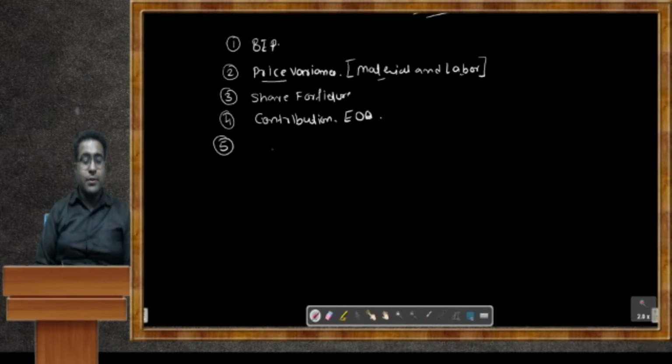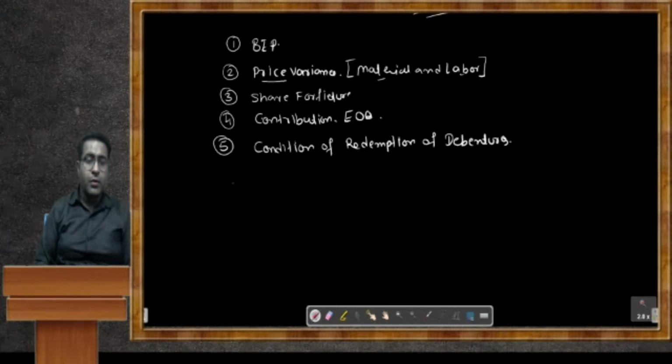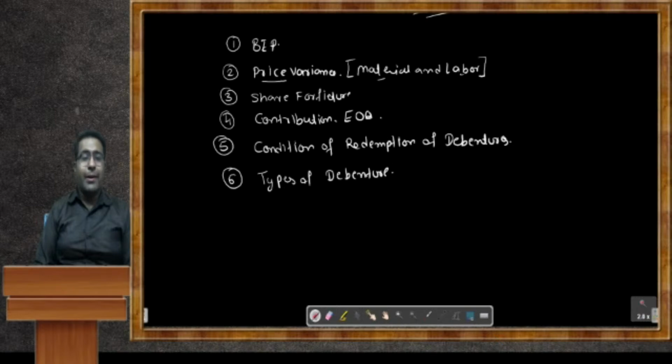Next, conditions of redemption of debentures. Thereafter, types of debentures. Again, coming to the costing part, in costing, operating costing.